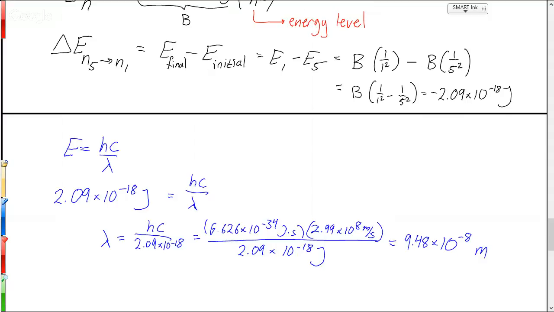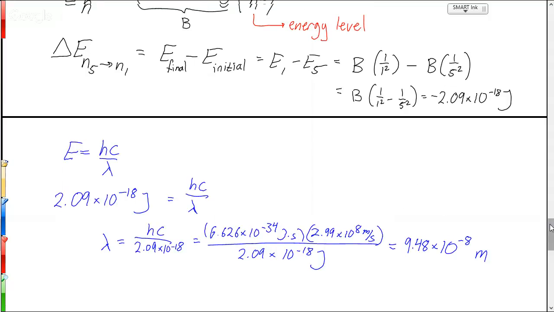All right, so this tells us that when an electron jumps from the 5th level to the 1st level, we emit light of that wavelength, which is about 94 nanometers, 95 nanometers. So that's in the UV.